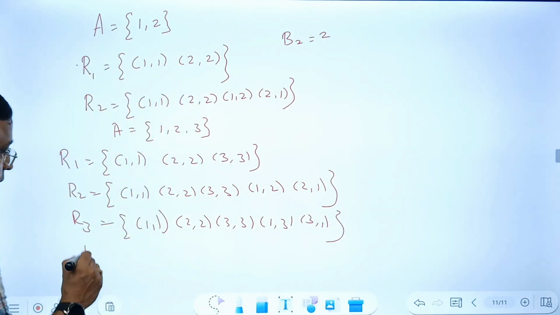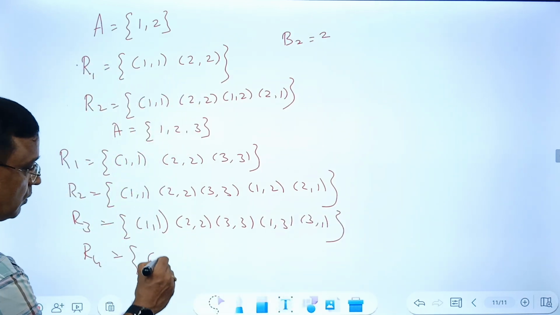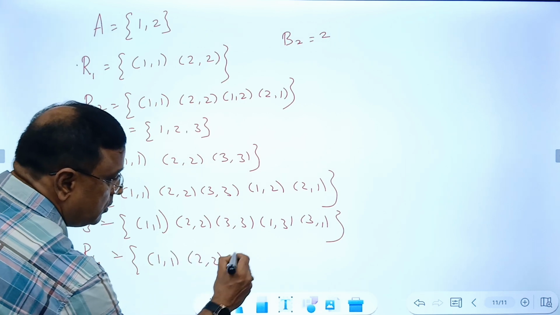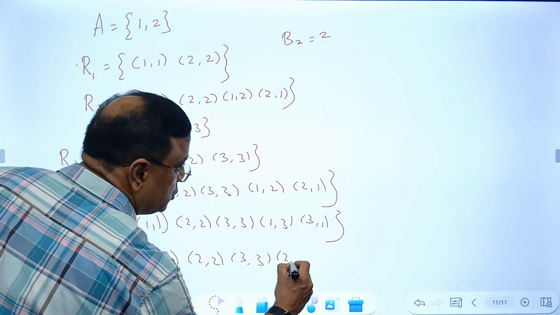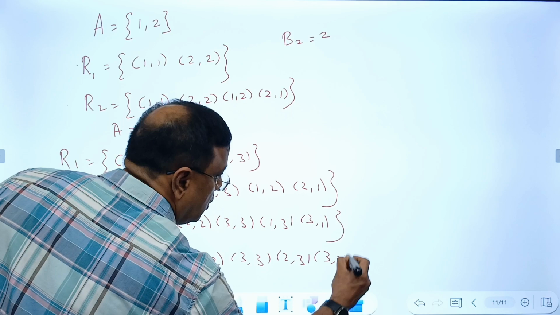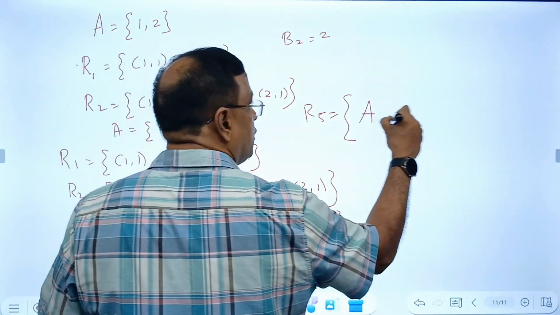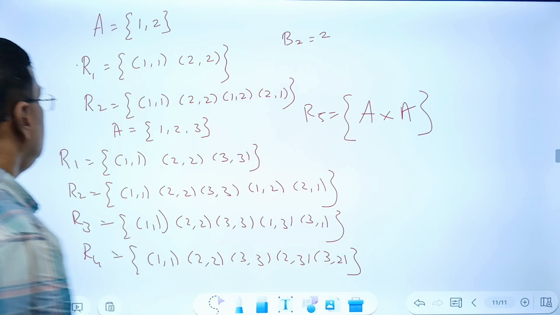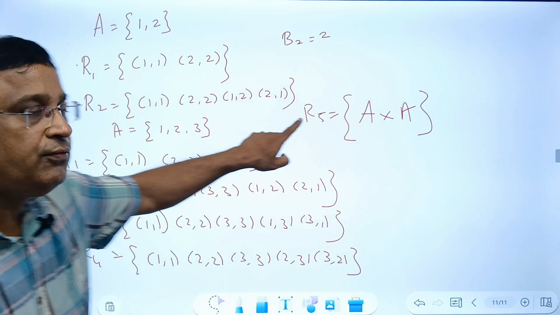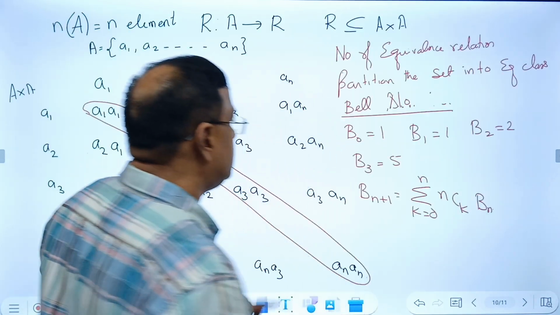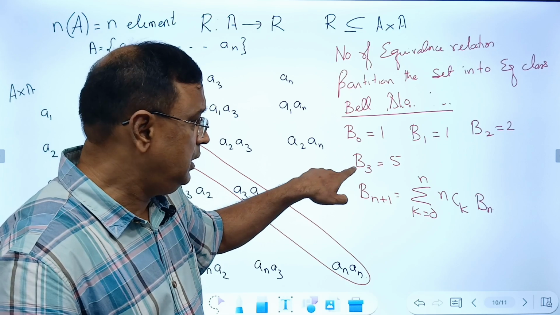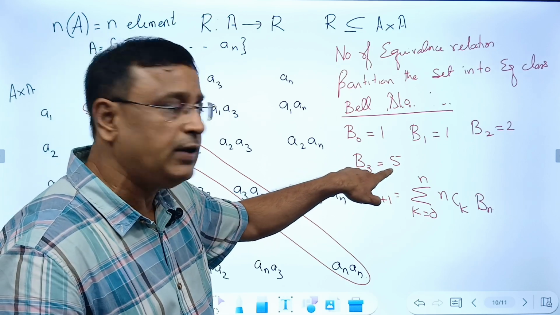Or it can be R4, which is (1,1), (2,2), (3,3), (2,3), (3,2). Or you can have R5, which is A cross A. So 1, 2, 3, 4, 5. That's exactly what I got here. If a set has 3 elements, there will be 5.